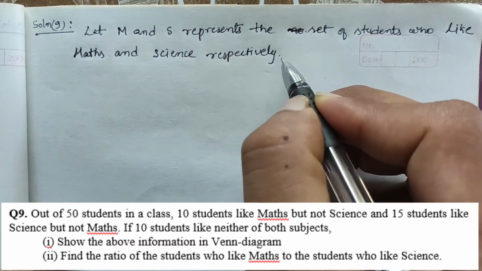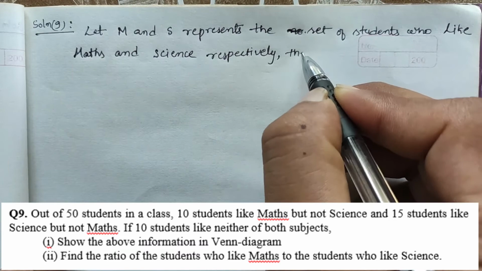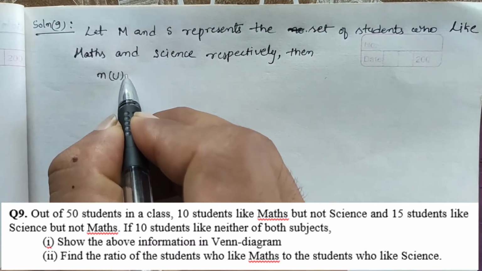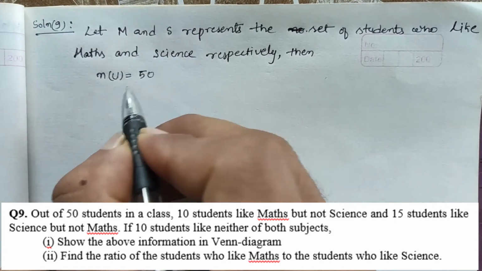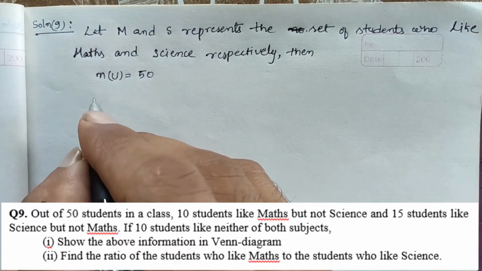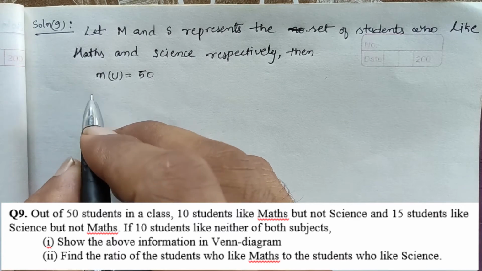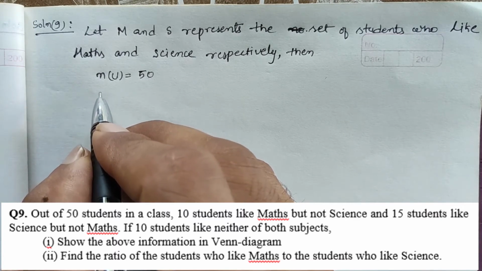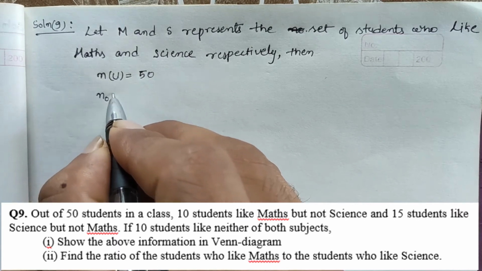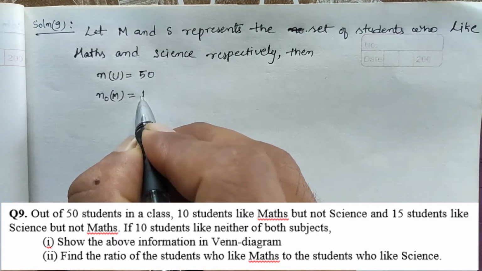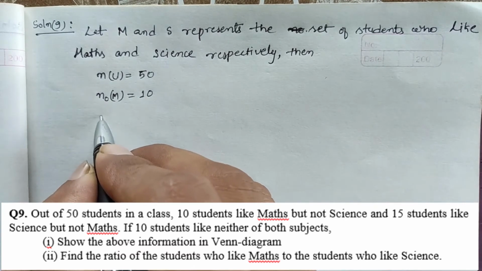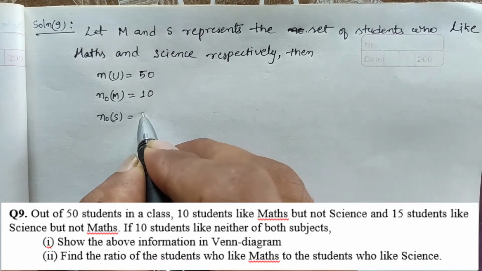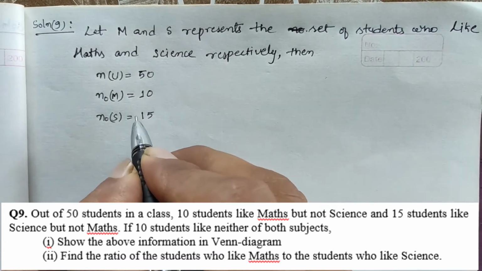Okay, then what is n(U)? n(U) here is 50. Like maths but not science is n only M, which is 10, and like science but not maths is n only S, that is 15, isn't it?